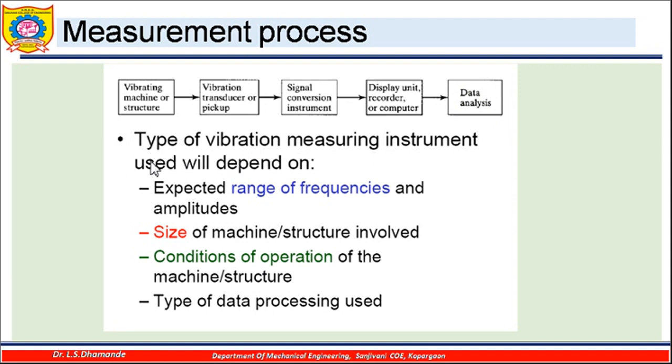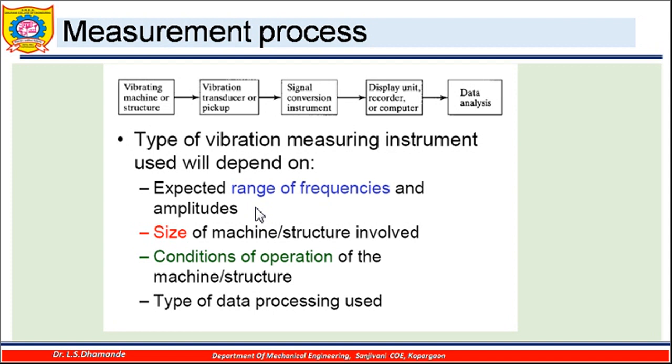First we will see what the type of vibration measuring instrument used depends on. Basically, which instrument you use depends on the expected range of frequencies and amplitudes. What is the amplitude of vibration that you have to measure, and what is the range of frequency you are interested in?